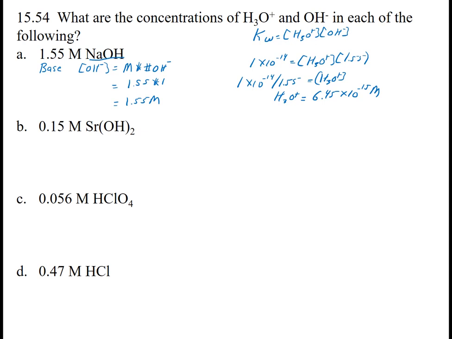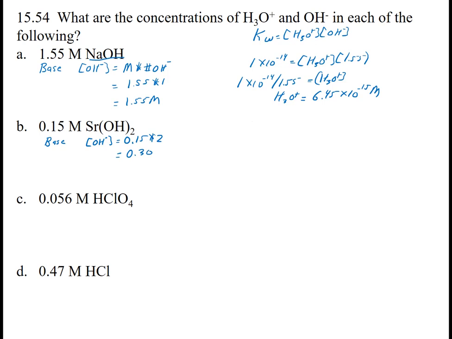Okay. I want you to take a second and try to do the next one. All right, so you ask yourself, is strontium hydroxide an acid or a base? And it's a base. And so because it's a base, the hydroxide ion concentration is the molarity, 0.15, times the number of hydroxides, which in this case is 2. Because I have parentheses around this, there are 2 hydroxides there, so this time my hydroxide ion concentration is 0.30.